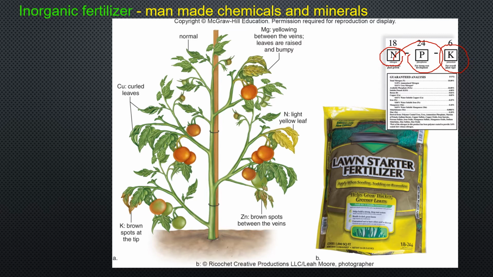Different plants have different needs for those macronutrients, so they may need them in different concentrations. So when you're looking up a particular plant that you want to keep healthy, it's going to give you the NPK ratio, and that is how you determine which fertilizer to put on a particular plant. And this is, again, inorganic fertilizer, man-made, and these are chemicals and essential nutrients in the form of minerals.